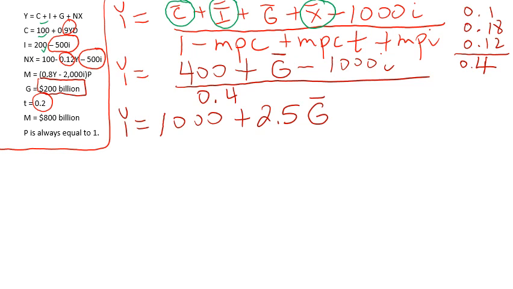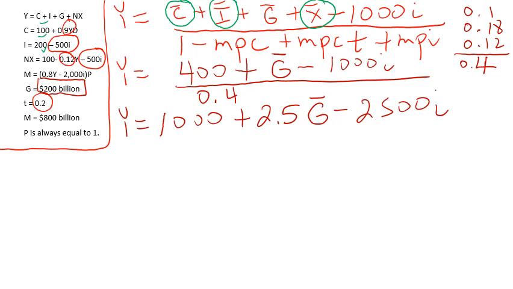And by the way, 2.5 happens to be the simple fiscal policy multiplier, the simple G multiplier. To continue, negative 1000i divided by 0.4 gives us negative 2500i.